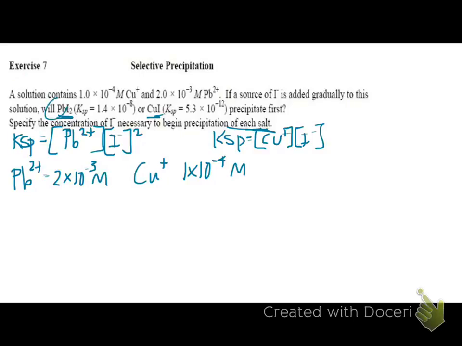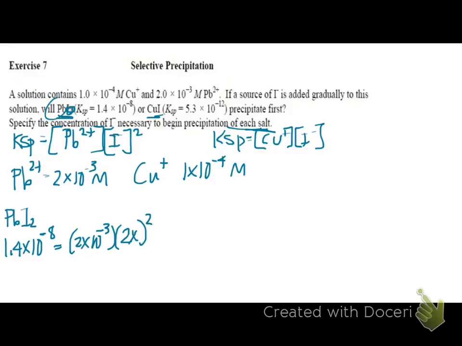So for PbI2, we have 1.4 times 10 to the negative 8 as the KSP value, which is equal to our value for lead times 2x squared. The reason it's 2x is because when that dissociates, you get 2 iodides.